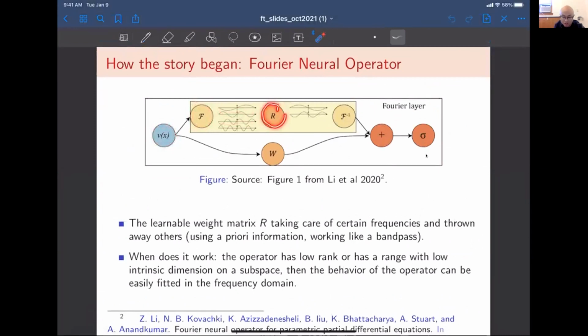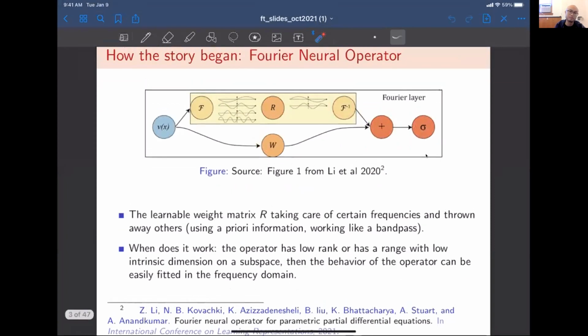As we can see, this learnable weight cuts off certain frequencies they don't need. After that, the inverse Fourier transform combines with this one, which is like a ResNet skip connection structure. After they add together, there is a nonlinearity. So it's pretty much like a ResNet, but the convolution happens in the frequency domain.